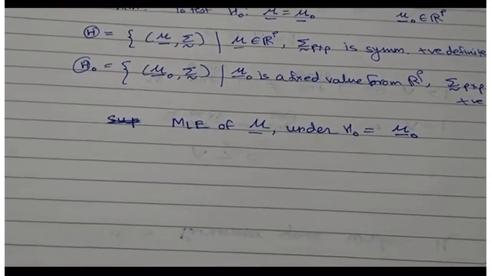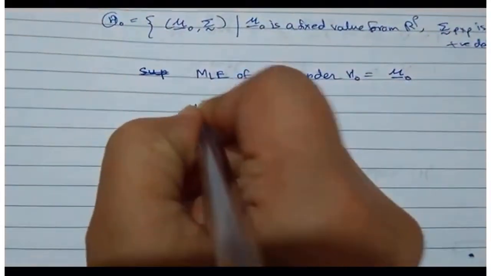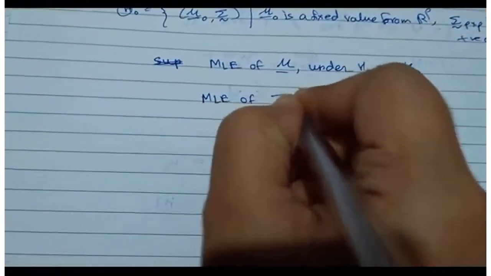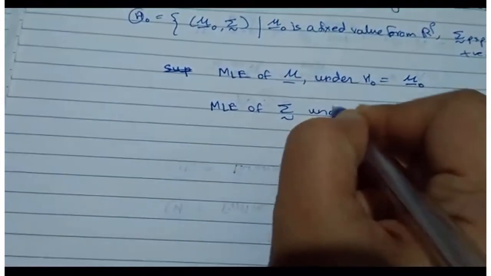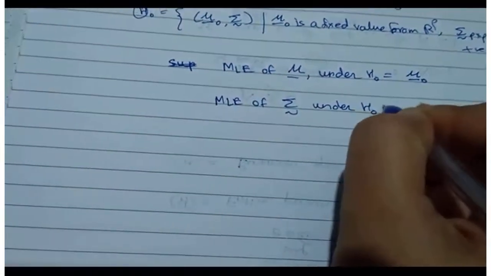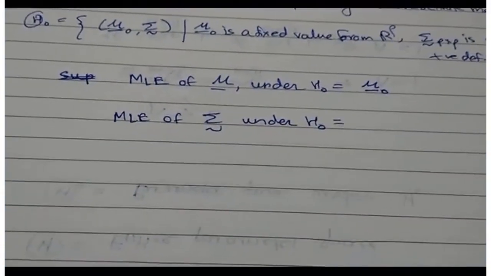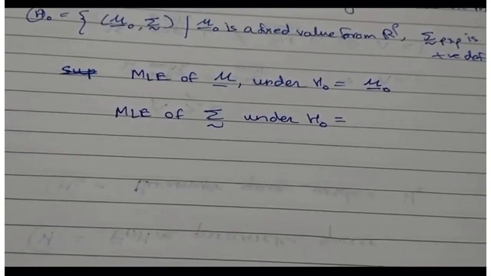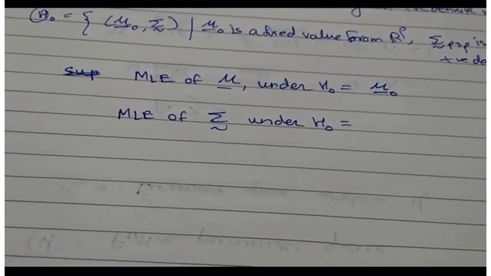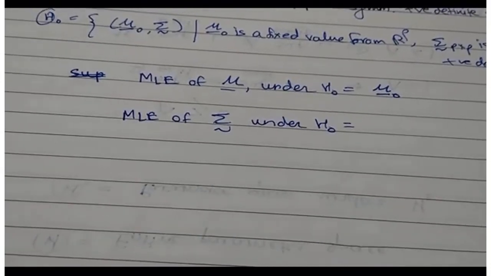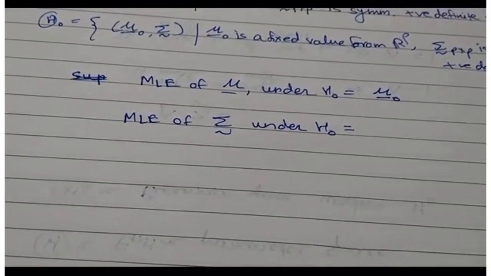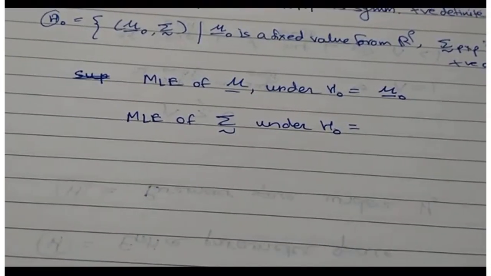But the problem is, what would be the MLE of sigma under H naught? When I say under H naught, what is going to change? Instead of mu, we are going to substitute mu naught, and then we are going to maximize the log likelihood. We have already studied maximization of the log likelihood under the overall setup when we were deriving MLEs.